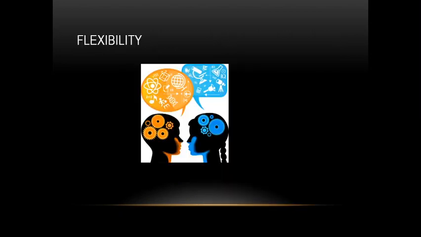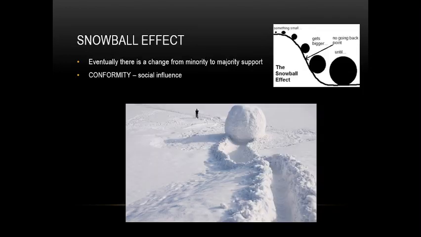Flexibility then, again, as we've discussed in minority influence, is being able to adapt to the arguments of the other side, perhaps taking more minor points on board whilst still keeping going with the thrust of your argument. Then we have the snowball effect. You have a small campaigning group, a few people join, a few more people join, it gets bigger and bigger, like a snowball rolling down the hill, until you get to the point of conformity.